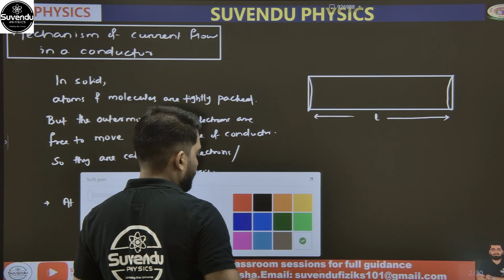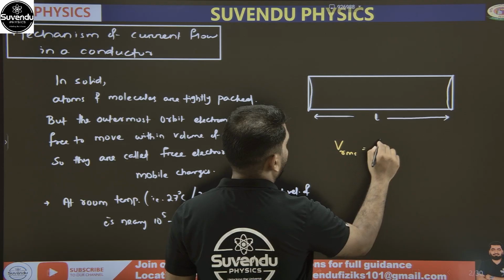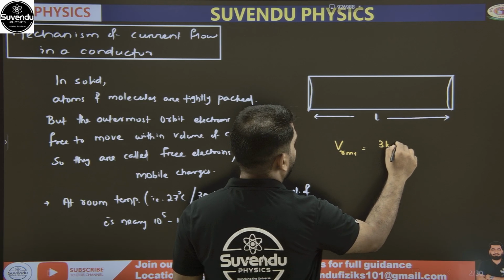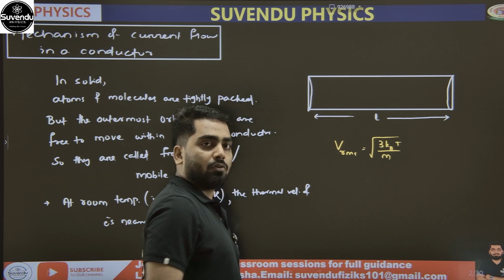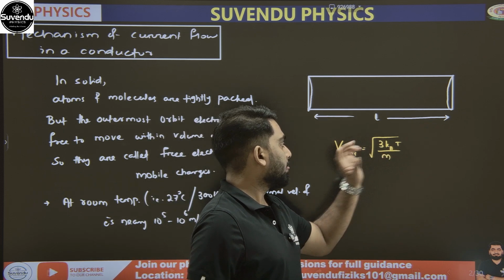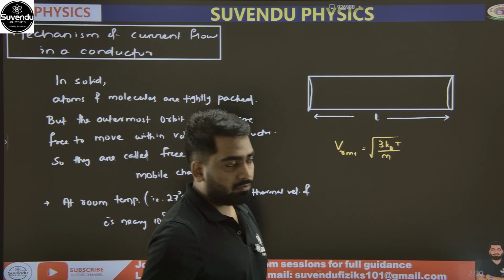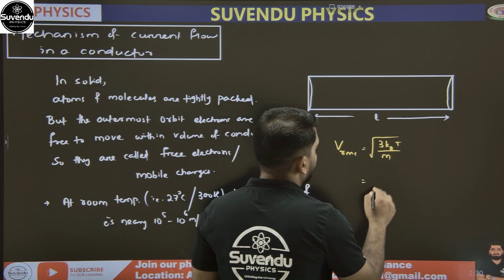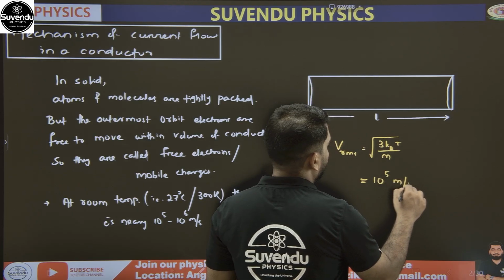This is as per which formula? We know v rms is equal to root over 3 kBT divided by m, where 3 is a constant, kB is the Boltzmann constant, T is the absolute temperature in Kelvin, and m is the mass of the electron. By putting the respective values, we get nearly 10 to the 5 meter per second.